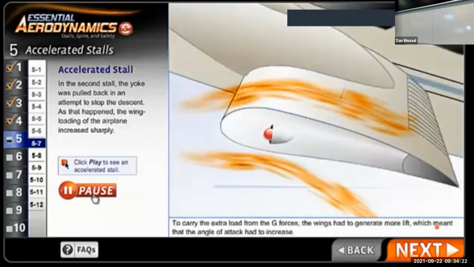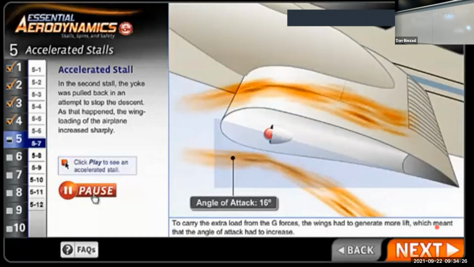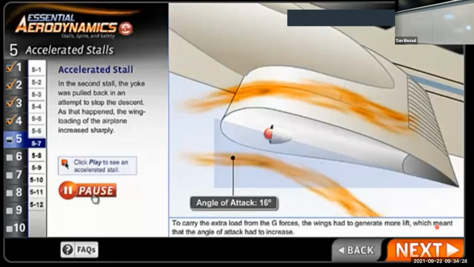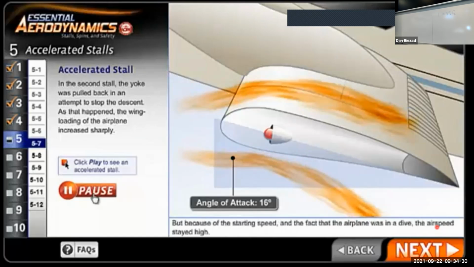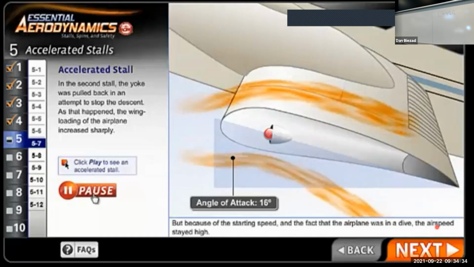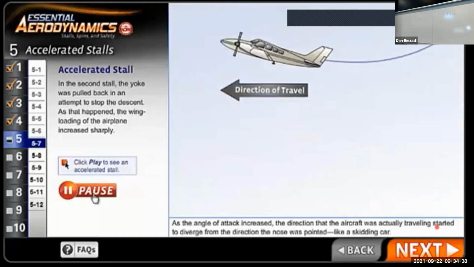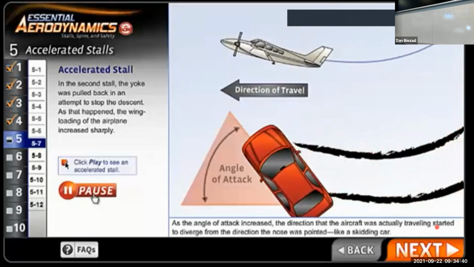To carry the extra load from the G forces, the wings had to generate more lift, which meant that the angle of attack had to increase. But because of the starting speed and the fact that the airplane was in a dive, the airspeed stayed high. As the angle of attack increased, the direction that the aircraft was actually traveling started to diverge from the direction the nose was pointed.